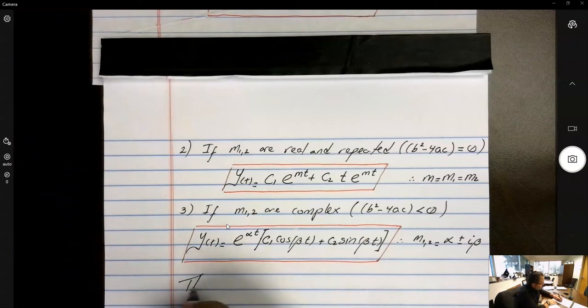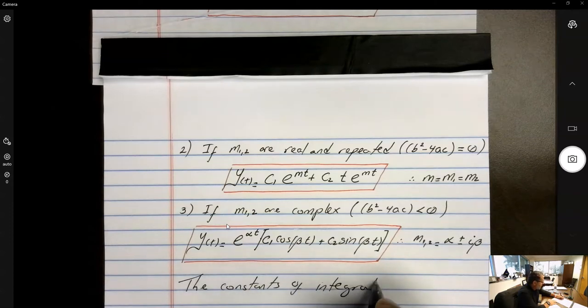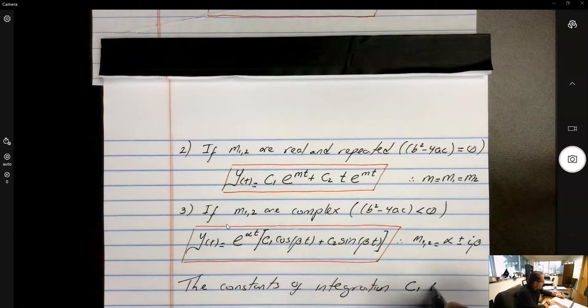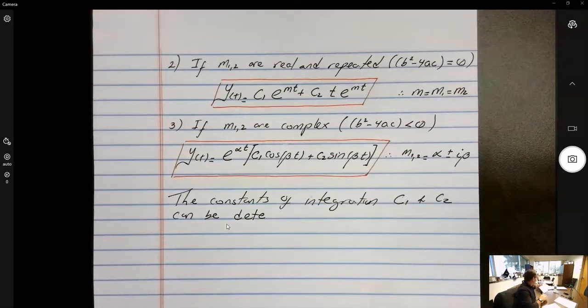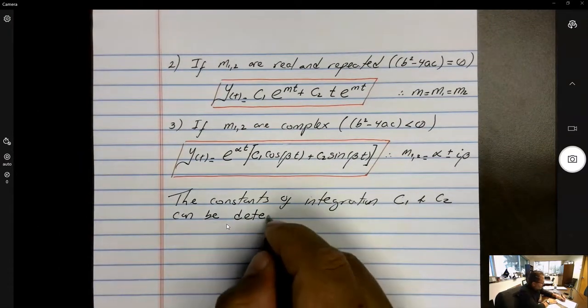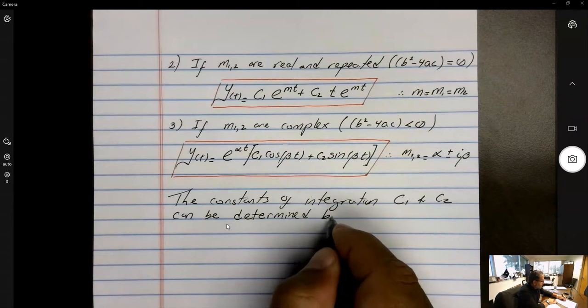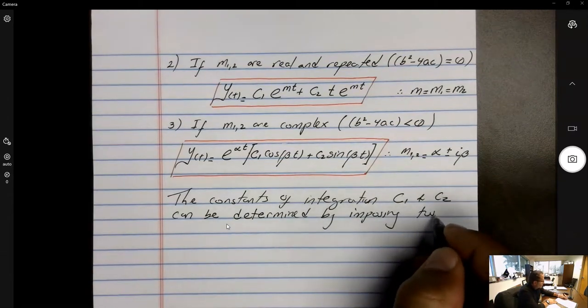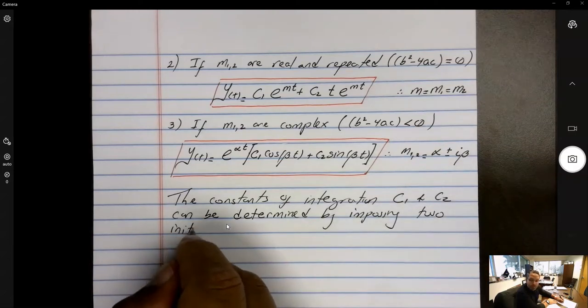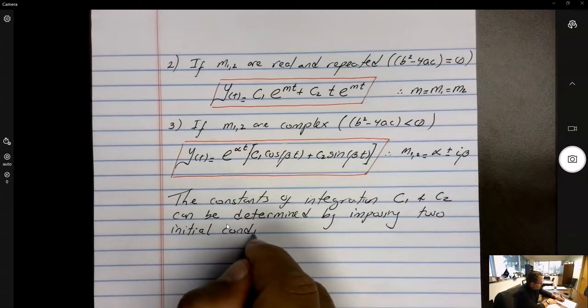Now notice again that the constants of integration, c1 and c2, can be determined by imposing two initial conditions.